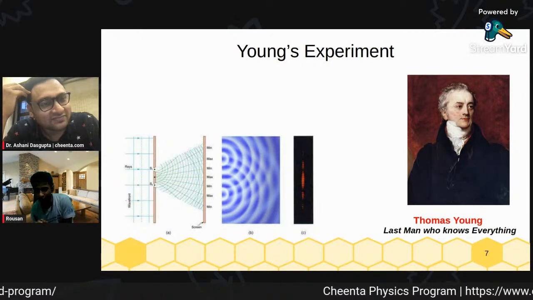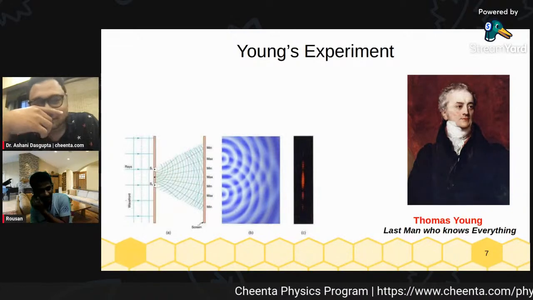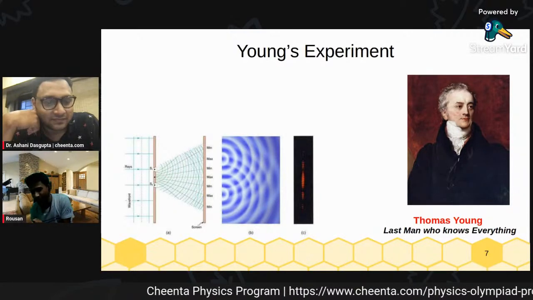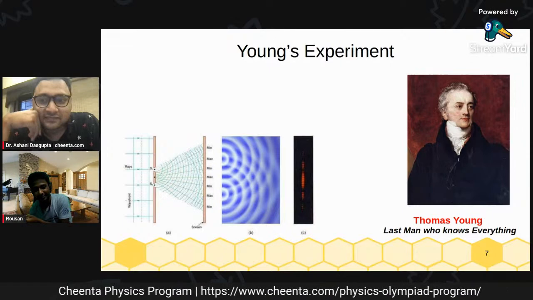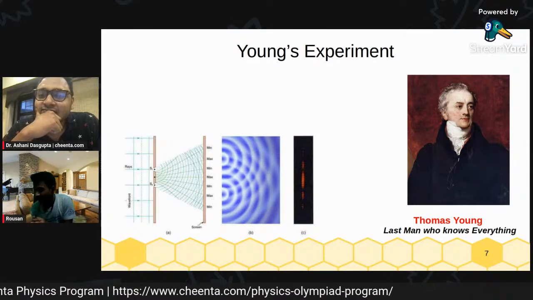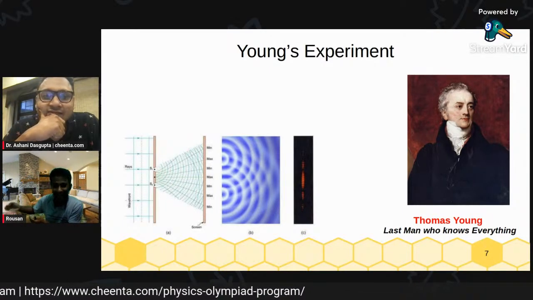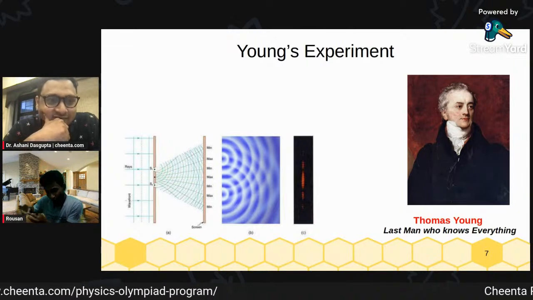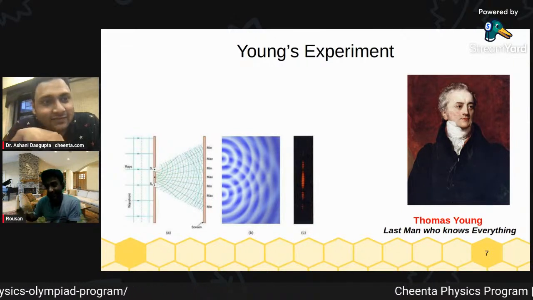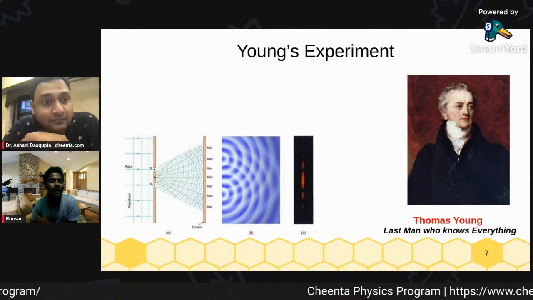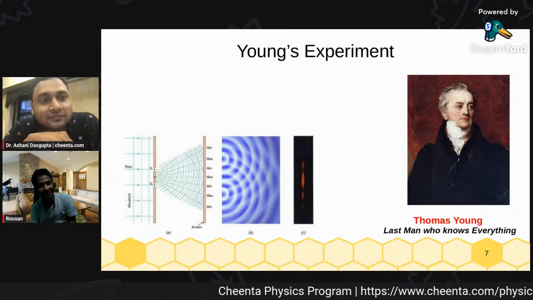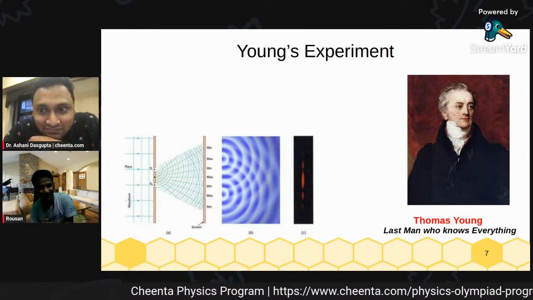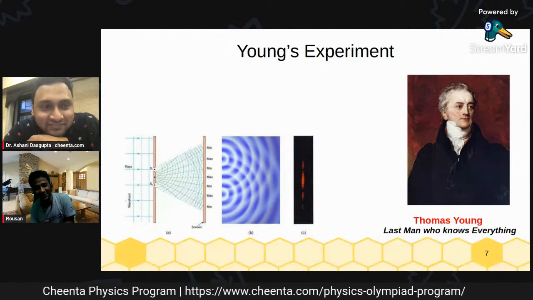There were a few particular things in physics, chemistry, biology, but each field had not developed that much. So from his point of view, whatever existed in his era, he knew almost everything. This title was given to him for this reason, the last man who knew everything.